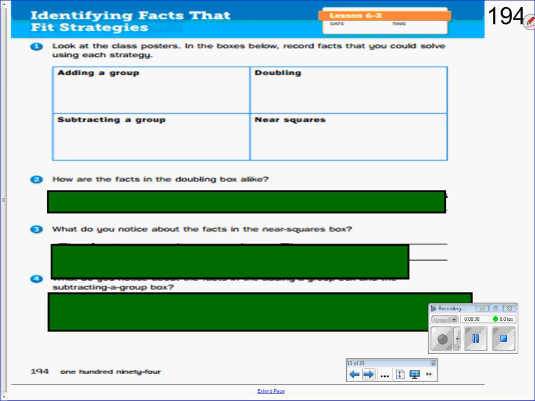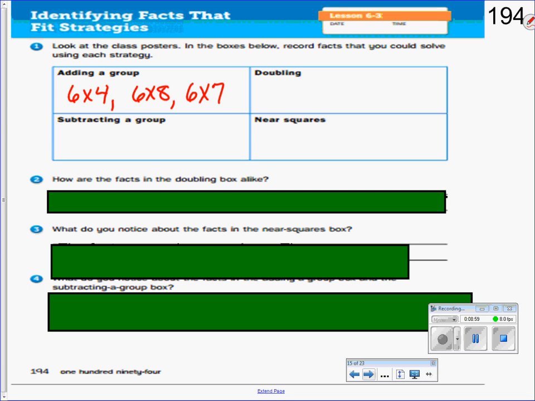All right, number 4 says, look at the class poster in the boxes below. Record facts that you could solve using each strategy. For adding a group, I could use 6 times 4, 6 times 8, because we could start with our 5s and use 5 times 4 and then add another group.